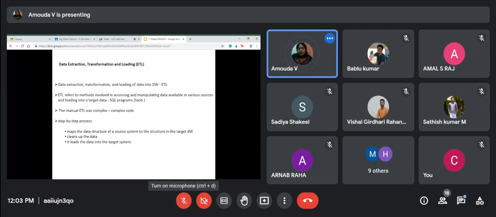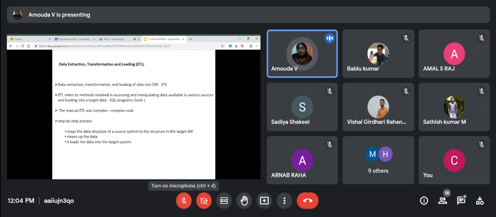Just see there. Accessing and manipulating the data available in various sources and loading into the target data. What data you require? What is the target? All data which is available in the data source is not required for the data warehouse. Why do we need so much? Because we will have so many databases. Sometimes the sources may not be in the form of a database also: file system, XML format, Excel format.